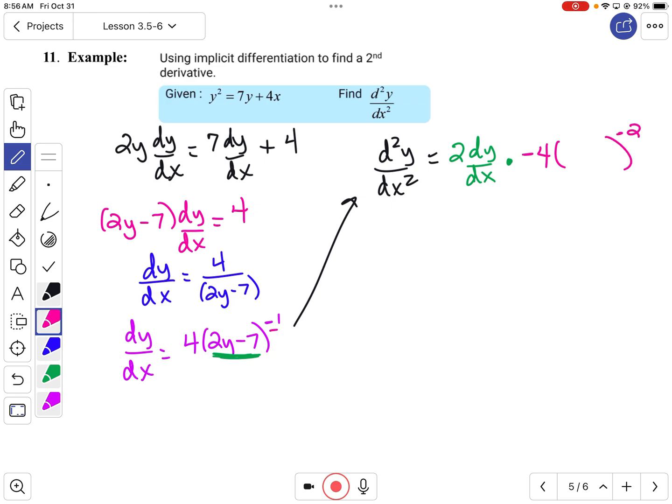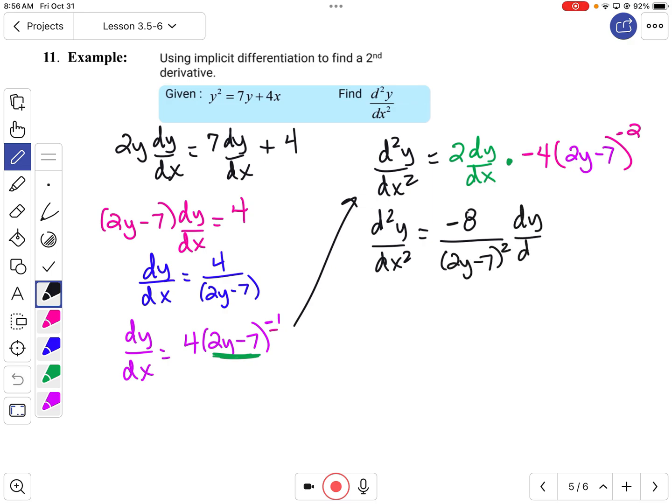Negative 2. And we're going to keep that 2y minus 7 in there. Now, let's simplify just a smidge and see if we can get this somewhere nice. So this is going to give me negative 8 over (2y minus 7) squared and a dy/dx.